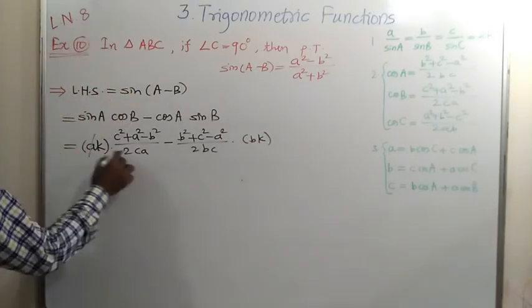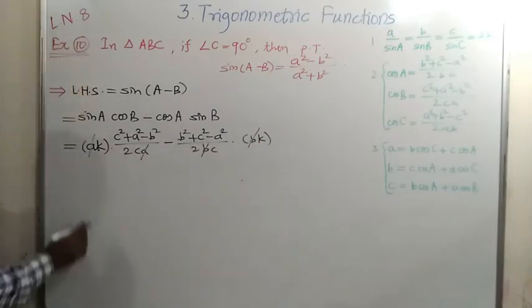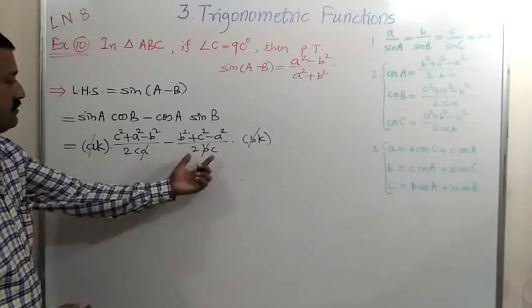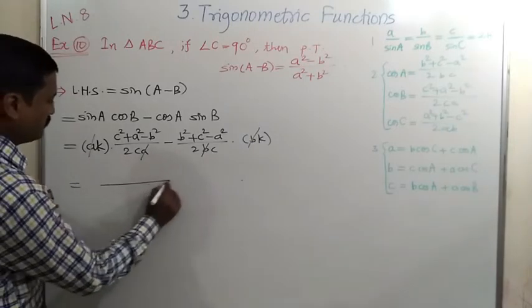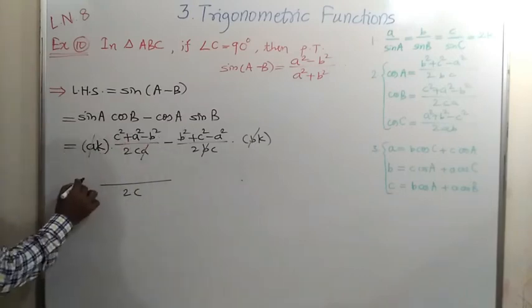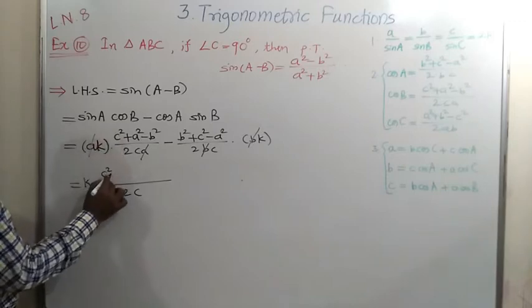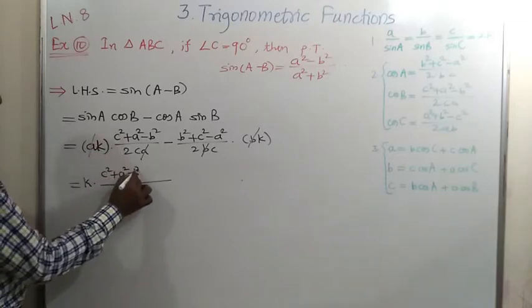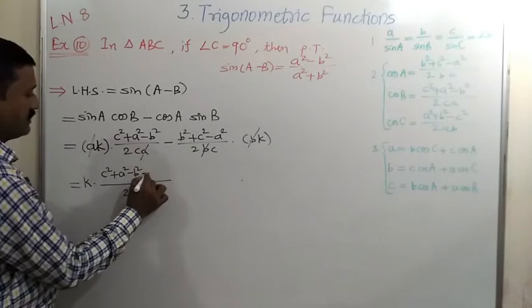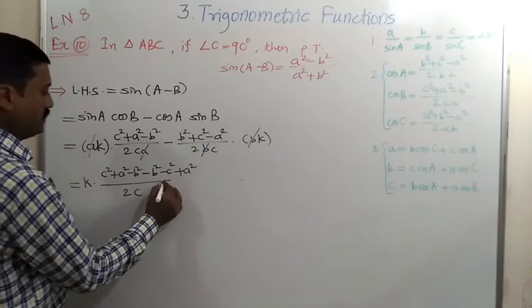Once again cancelling A and B from these two terms. That is equal to, now the denominator is twice C, it is common, same. At the numerator we can take K common, so it is K into this C square plus A square minus B square. Apply this negative once again, it is minus B square minus C square plus A square.